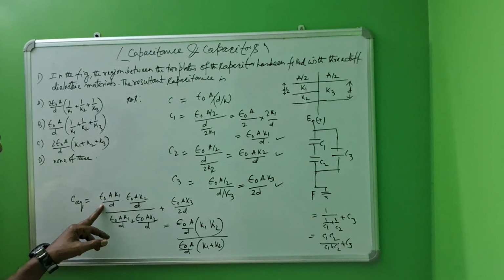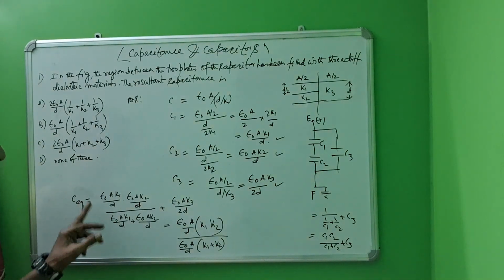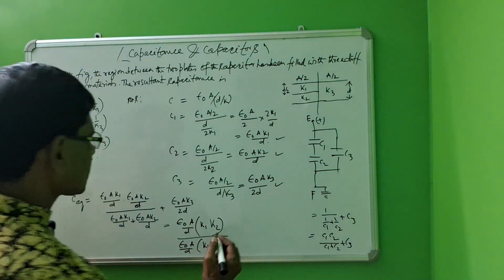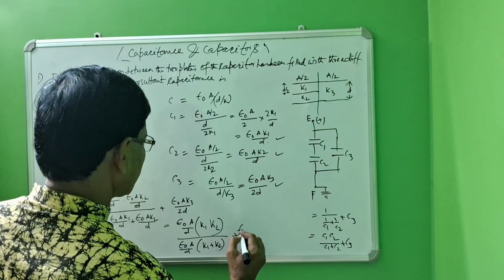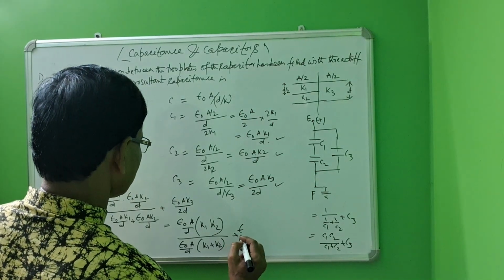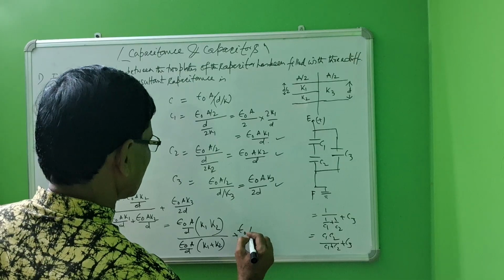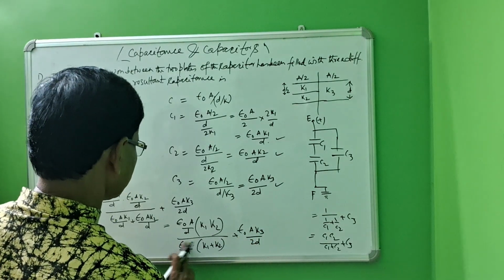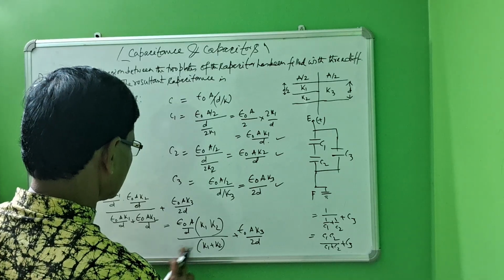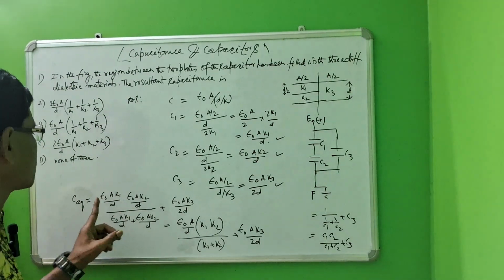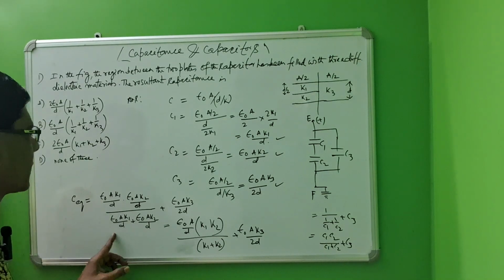Epsilon 0 A by D, epsilon 0 A by D, cutting out 1 percent, epsilon 0 A by D goes into K1, K2 plus epsilon 0 A K3 by 2D. Epsilon 0 A by D in the denominator cutting out.